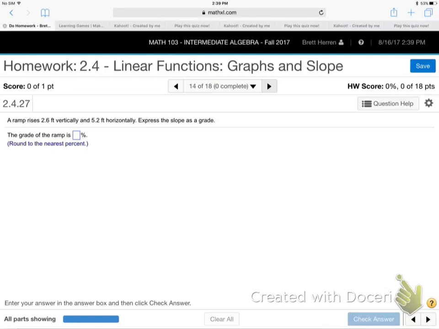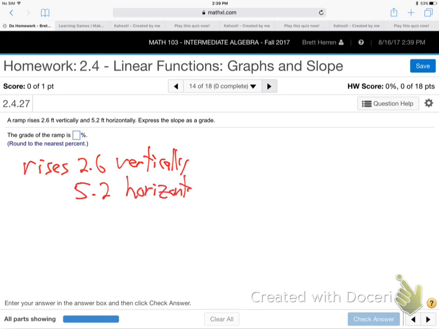Ooh, let's see. So it says the ramp rises 2.6 vertically and 5.2 horizontally. Give the slope as a grade.